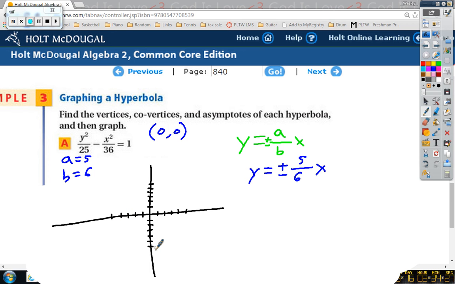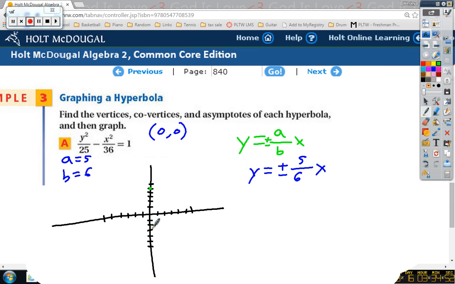I'm also going to plot the A and the B, my vertex and covertex. So I have my vertex, which is my y value, at 5. Now, I put my axis in the wrong way. I shouldn't have 6 going in the y direction. 5 on the y.